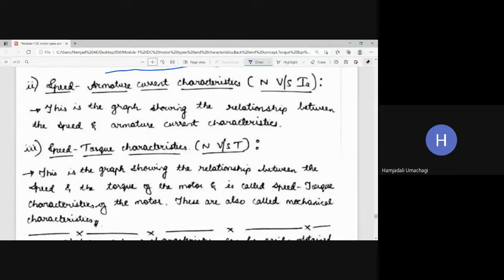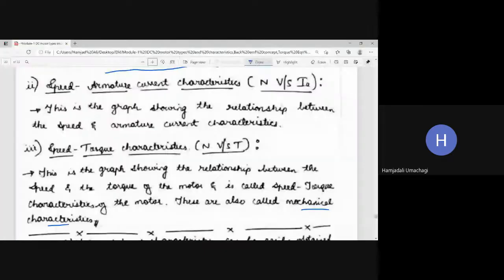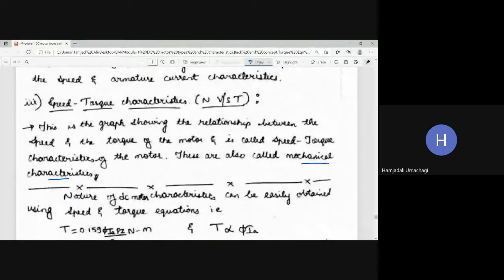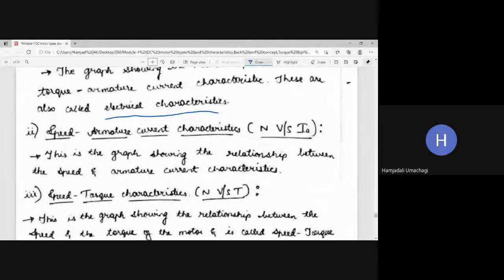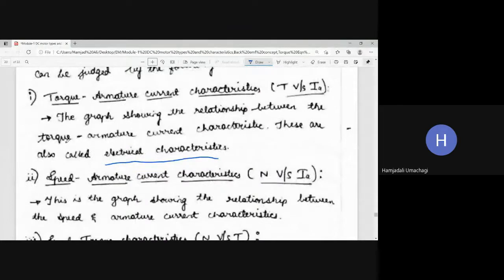That graph we call speed versus torque characteristics, and it is also called mechanical characteristics. Is it clear to all of you? Yes, sir.